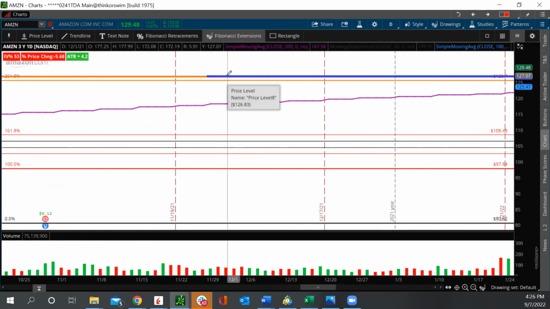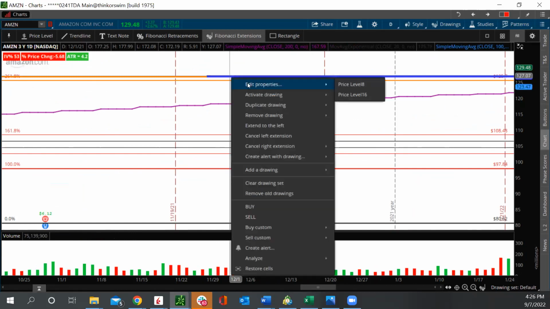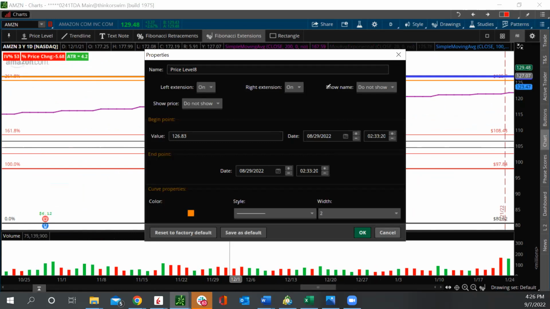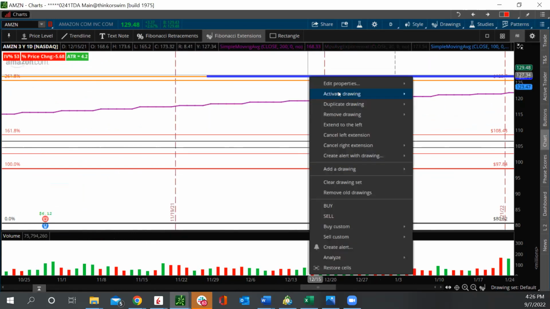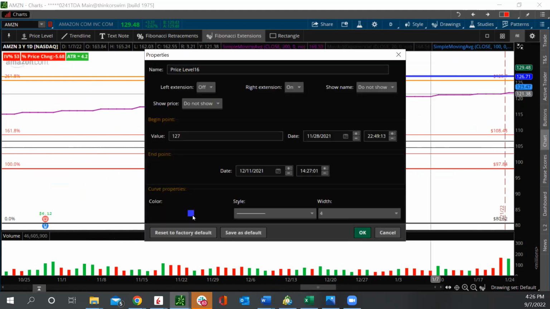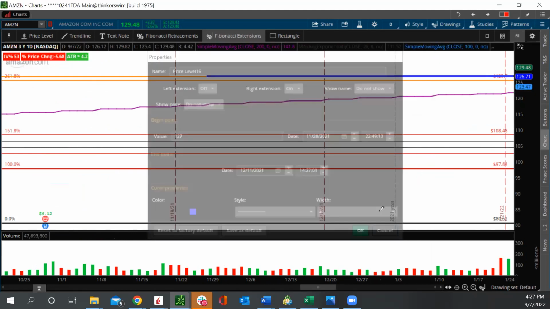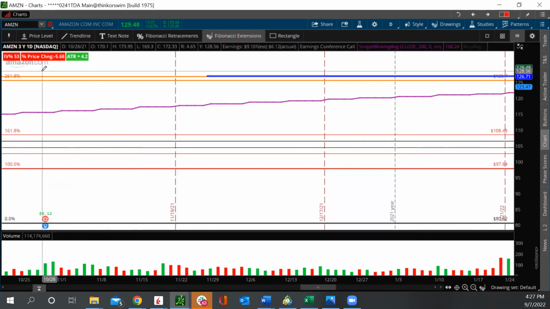This is the monthly 50 EMA right there. So that's the monthly 50. From just doing those fib extensions from back in 2020, that's giving me a level that perfectly aligns with this 50 on the monthly.